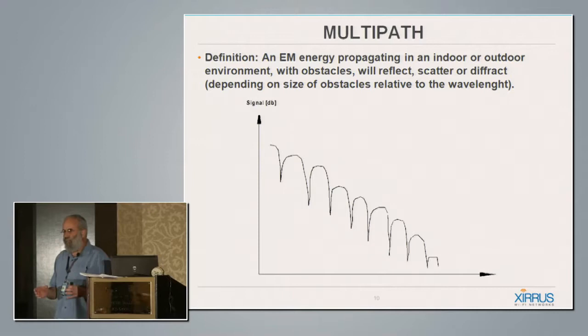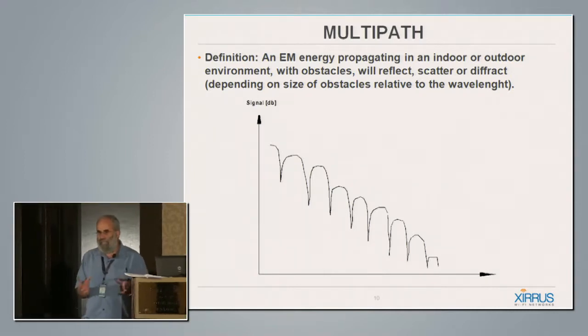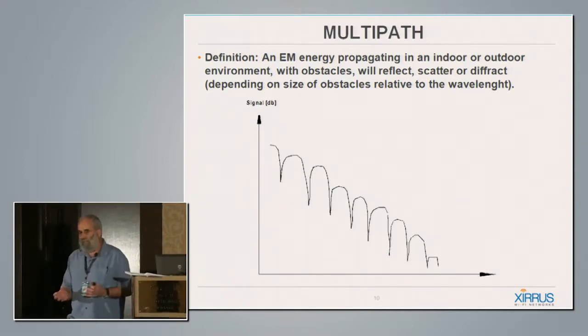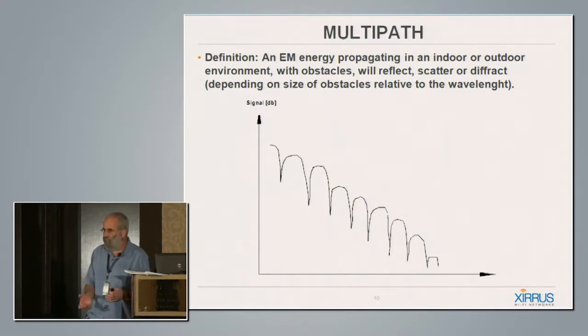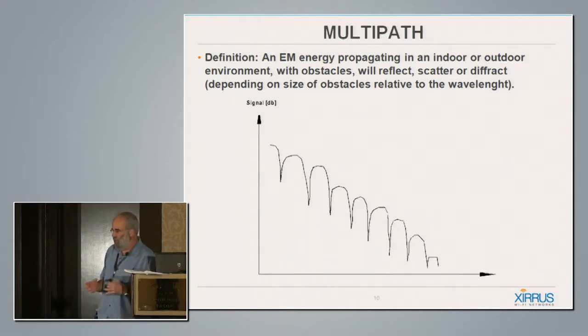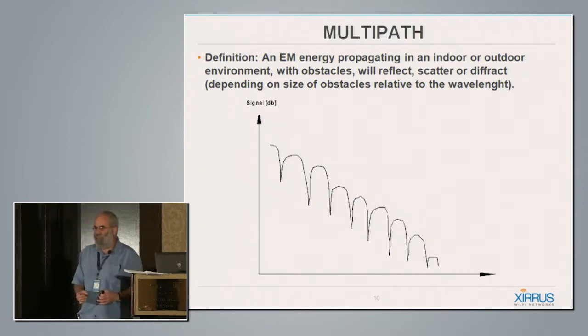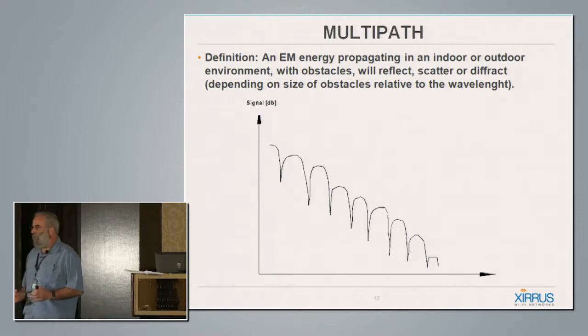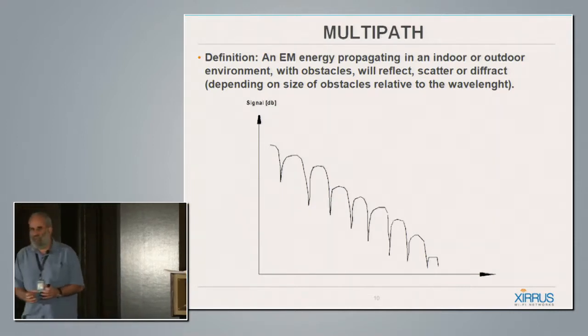At 2.4 gigahertz, the wavelength is about 4.8 inches, whereas at 5 gigahertz, it's about 2.3 inches. So obstacles that are large or small can mean a big difference to a wave propagating at 2.4 or at 5 gigahertz. An obstruction at 2.4 may not be a big deal, whereas at 5 gigahertz it's a big deal because the wavelength is much shorter.